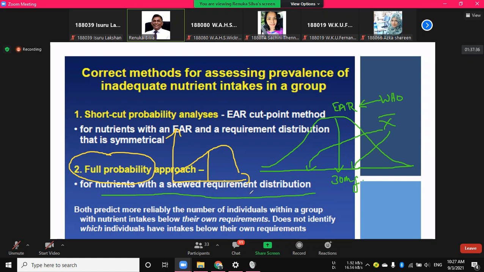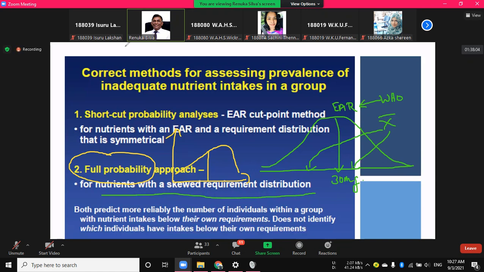That can be decided by looking at these two methods. Adequate or not. That's what we want to tell the country, whether our children are eating enough calcium or not. That can be decided by two methods. One is called the EAR cut point method, and the second one is the full probability approach.